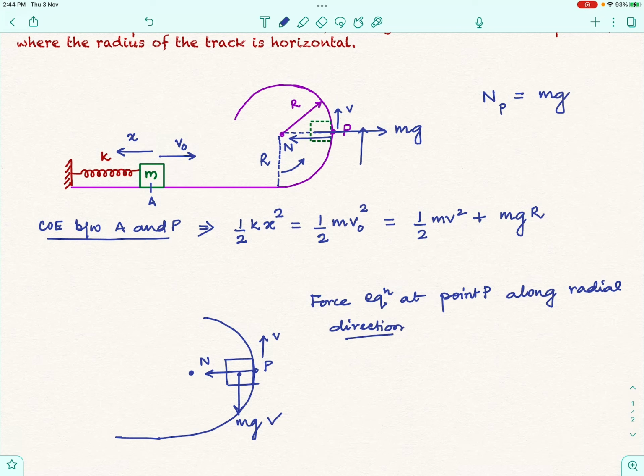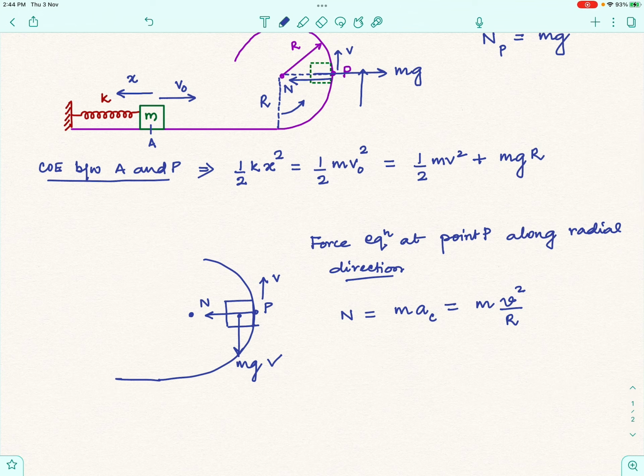Net force towards the radial direction is nothing but N, and it is this force that provides all the necessary centripetal force that the block requires at this point P, since it is moving in a circular track. Yes. So net radial force N is equal to mass into the radial acceleration, or the centripetal acceleration, which we know by definition is square of the speed by r, the radius of the circular track. So this is how we will be able to relate the normal force with the speed.